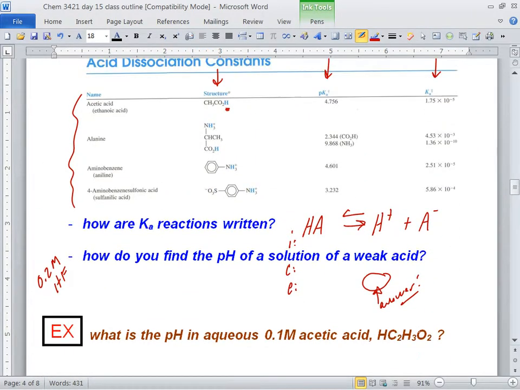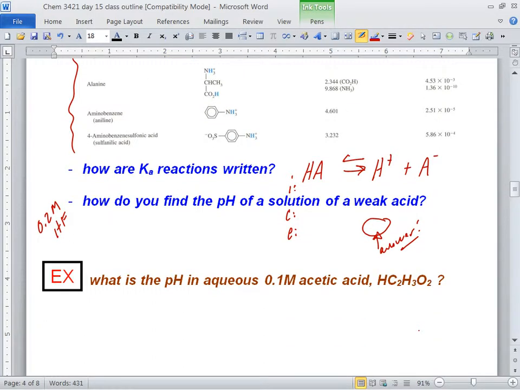What's the pH in 0.1 molar acetic acid? So Jeffrey, what do you think we should do for this? Write the reaction. Write the Ka reaction. HC2H3O2 goes to, Danielle, what would be the products?